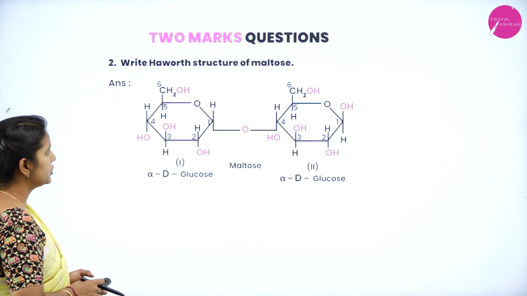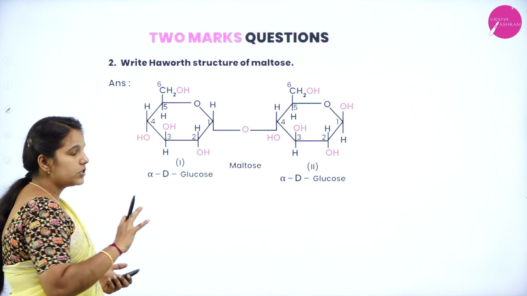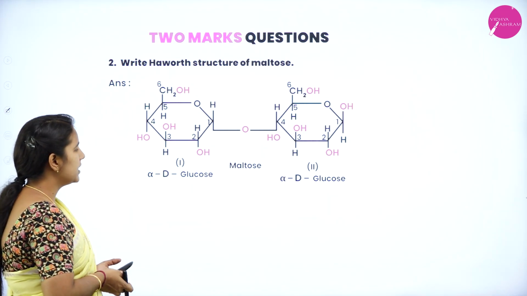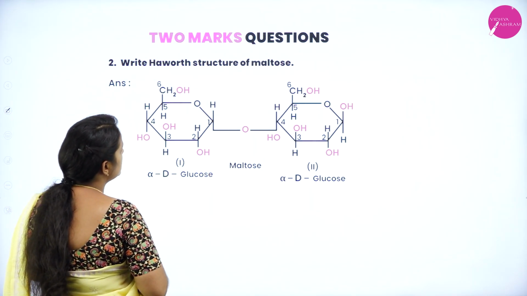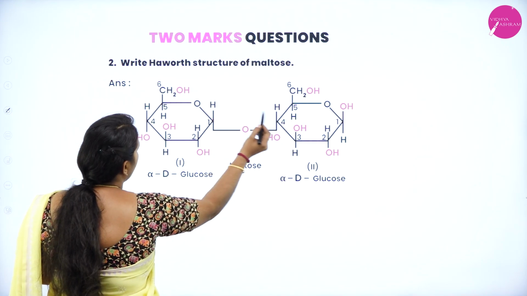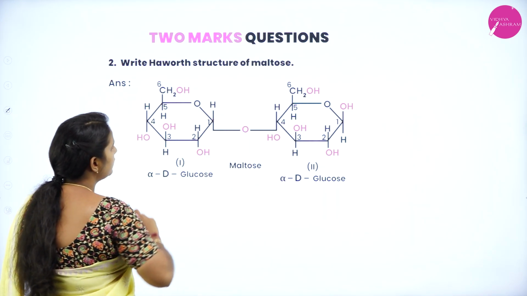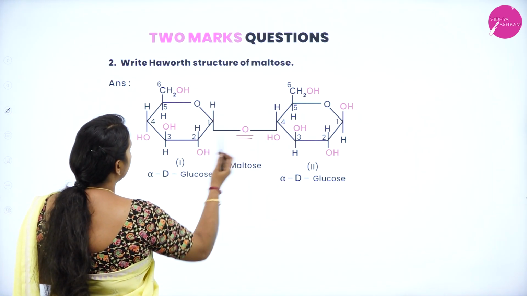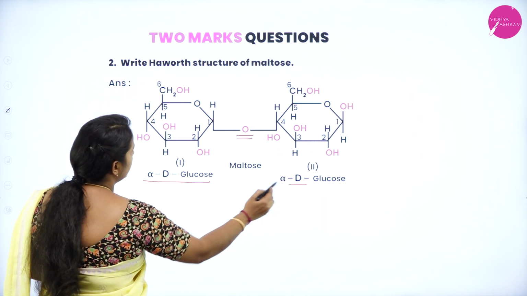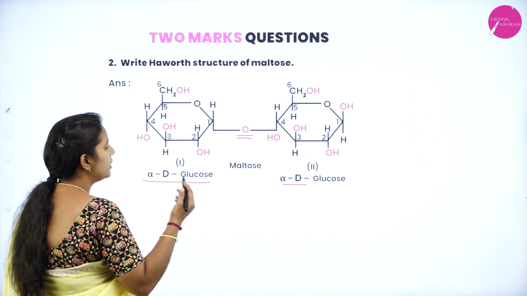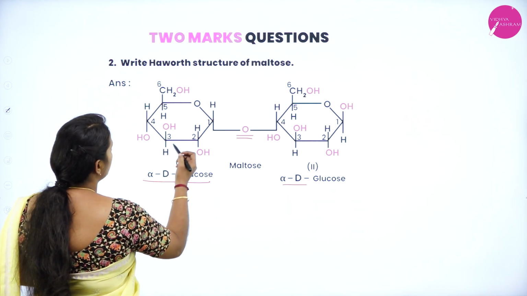Write the Haworth structure of maltose. Glucose and maltose are the more frequently asked questions. So, this is the Haworth structure of maltose, where you can see that the first and the 4th carbon atoms are linked together by a glycosidic linkage. It is made of alpha D glucose, or you can say beta D glucose also.